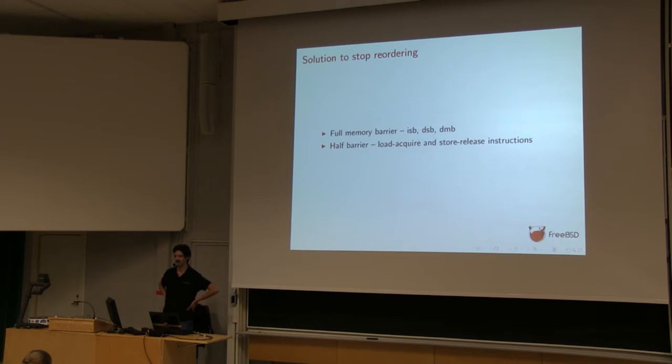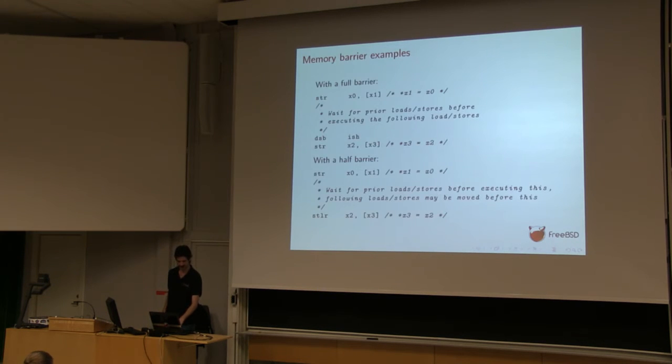There are other solutions. If you're trying to write code and you need to know this data has been written before this other piece of data, there are two options. You've got a full barrier or you've got a half barrier. The half barriers are very much aligned with C11 semantics. So this is a full barrier example. We need to know that the store of x into x1 happens first.